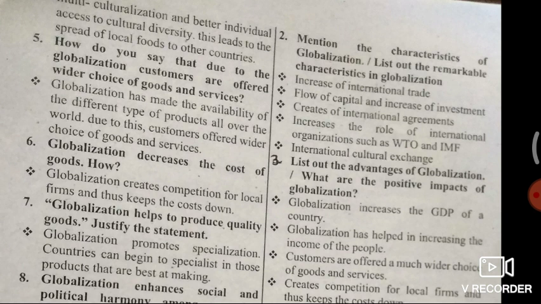Third point, it creates international agreements. Then it increases the role of international organizations, such as WTO and IMF, etc. And it brings international cultural exchange. So this is about the characteristics of globalization, isn't it?